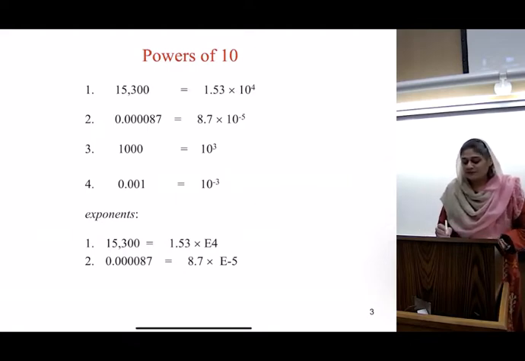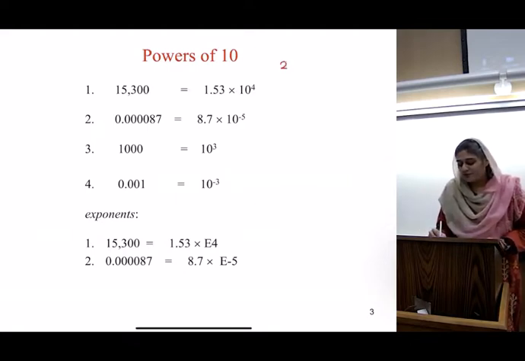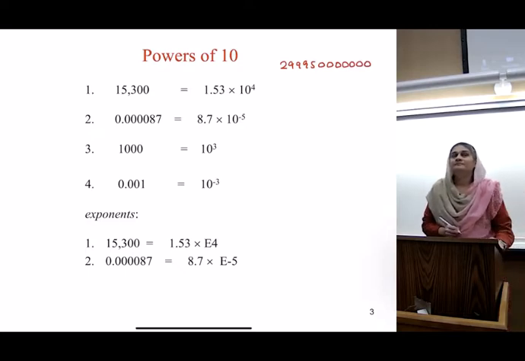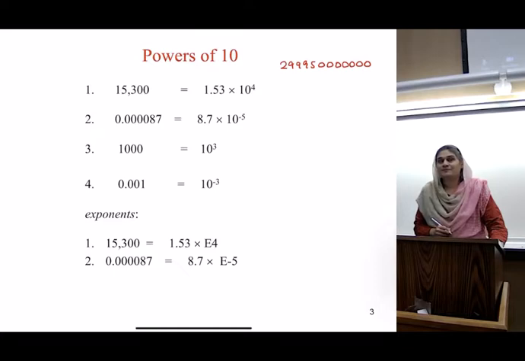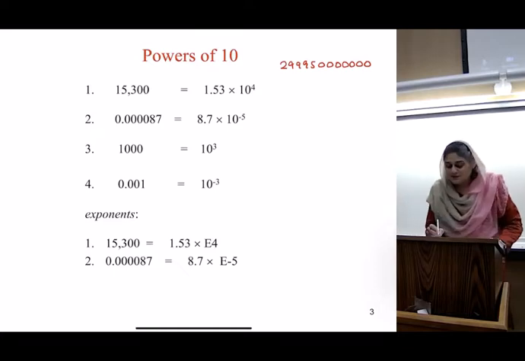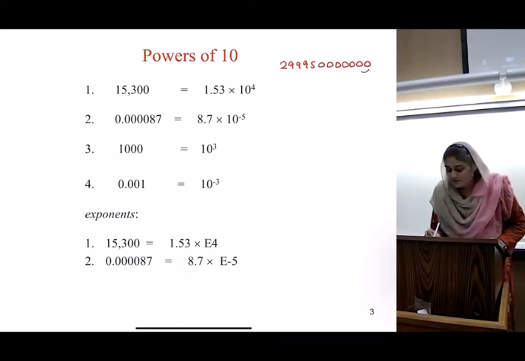So if you were to write a really big number, 29995000000, is there a better way of writing this? And the answer is yes. You can count the number of digits: 1, 2, 3, 4, 5, 6, 7, 8, 9, 10, 11.